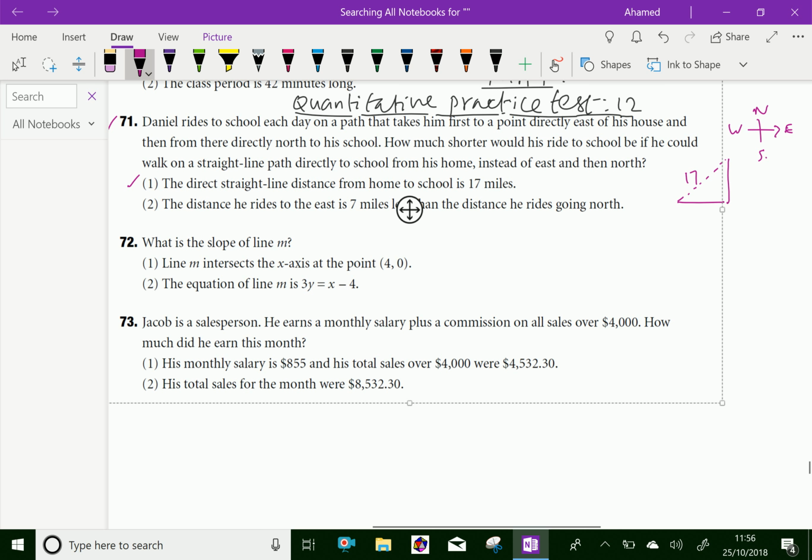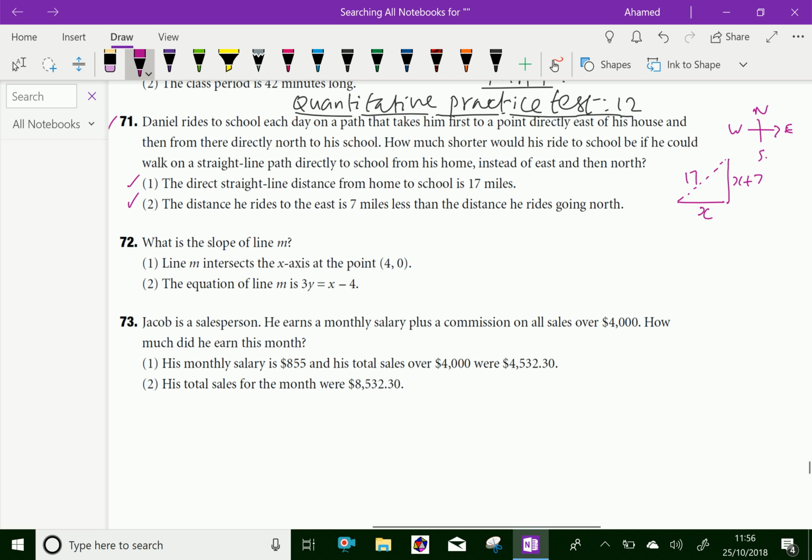These two distances we cannot compare. Then the second information: the distance traveled to the east is 7 miles less than the distance traveled going north. Suppose the eastward distance is x, then the north distance is x plus 7. Now statement 2 by itself is not enough to find the distance of each.